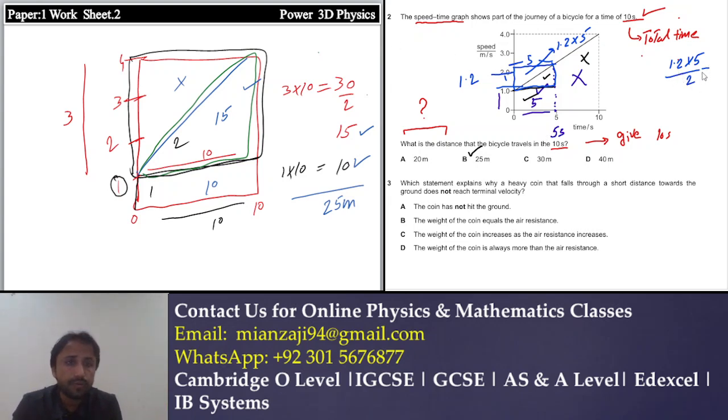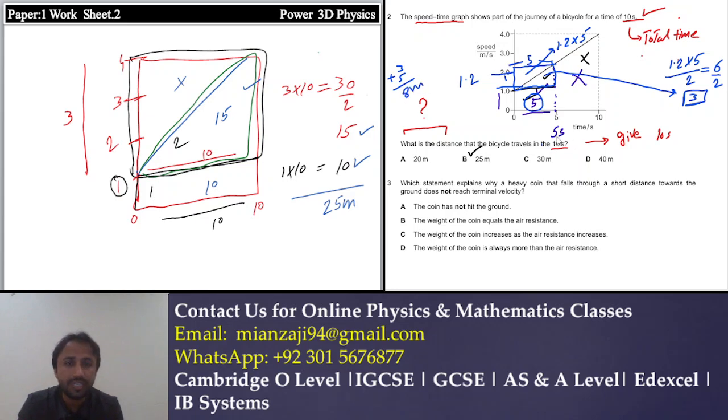It comes to almost 6. 1.2 multiplied by 5 divided by 2 is equal to 6 by 2, that is 3. It means half is 3, and here we find 5. So the overall answer is 3 plus 5 is equal to 8 meter.